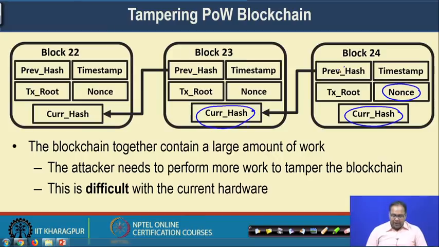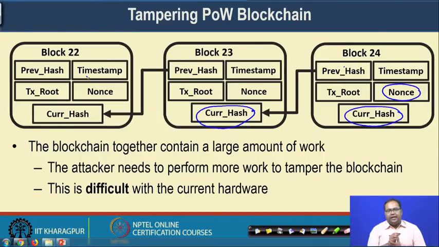So, if some attacker wants to make changes in one block, then they have to do more work compared to the collective work of all the blocks in the chain.